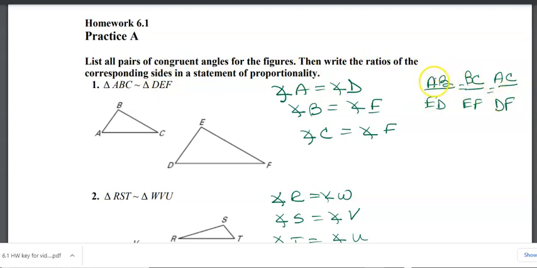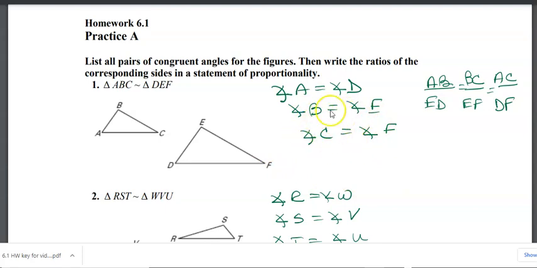So once you have these, you can say, AB is in proportion to DE, just like BC is in proportion to EF, just like AC is in proportion to DF. Okay, you've got to be able to write that, and both of these things have to be true.